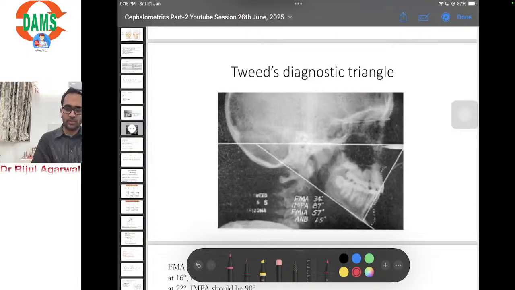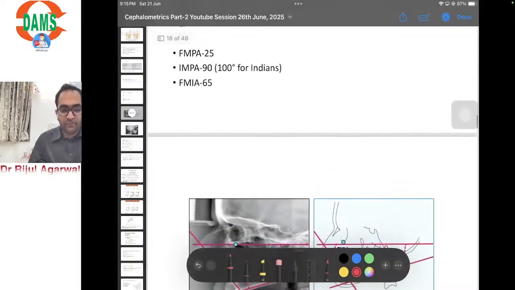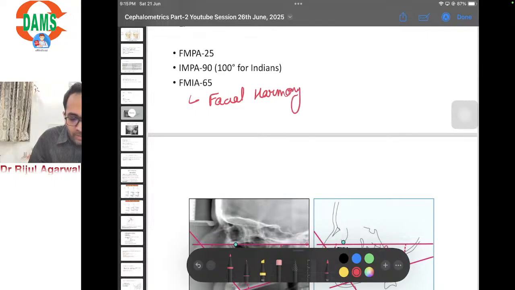From there he gave the FMIA, which he also called, very importantly, the facial harmony angle, or Frankfurt mandibular incisal angle. According to him, this angle should be 65 degrees.